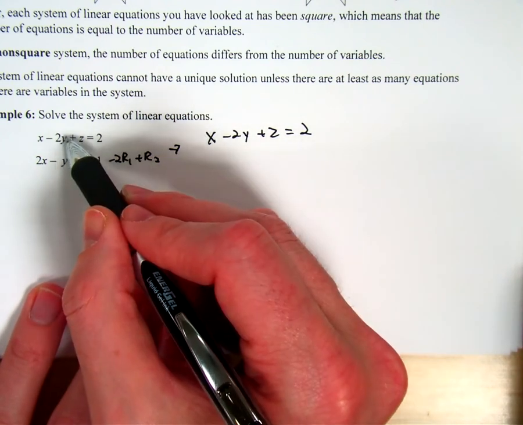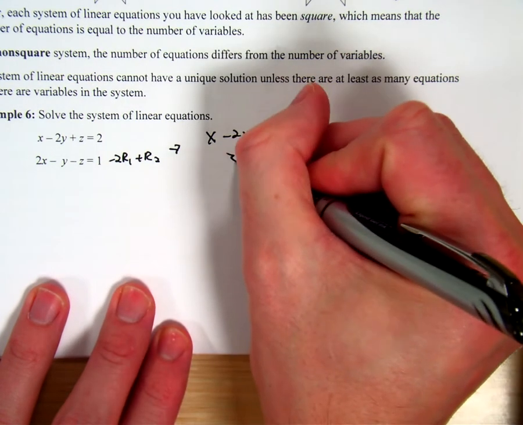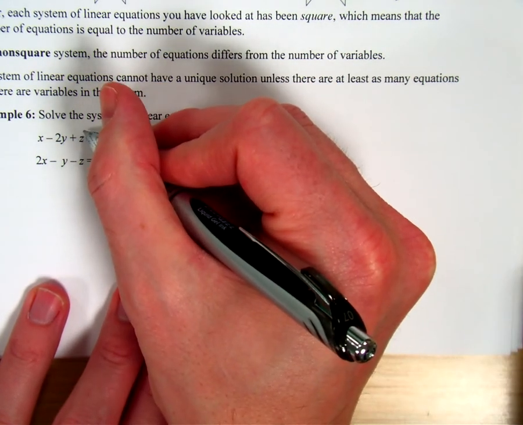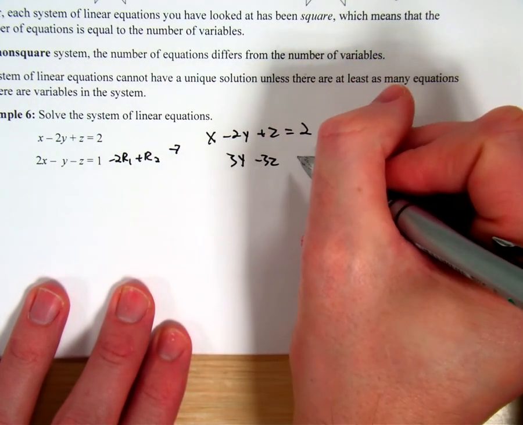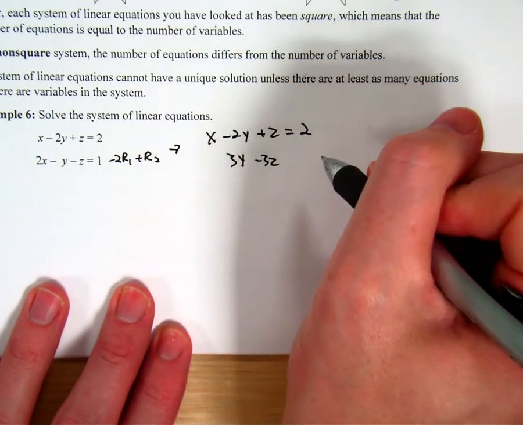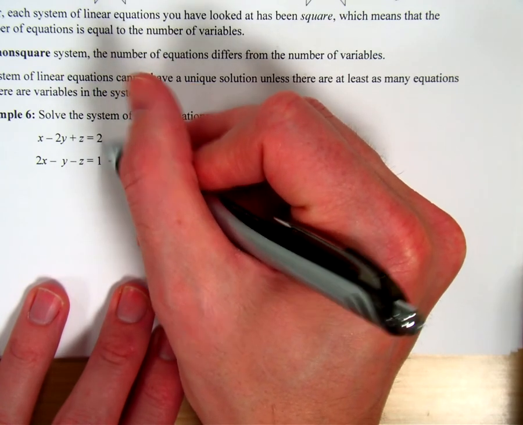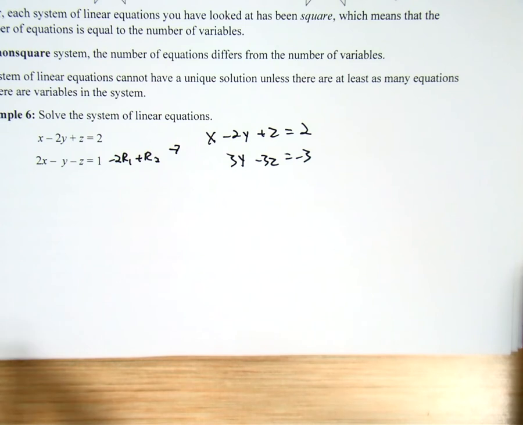Negative 2 times negative 2, we got a positive 4, minus 1, we have a positive 3y. Negative 2 times 1, we got negative 2z, another negative z, we got negative 3z. And don't forget the answer side, negative 2 times 2, we got negative 4, and 1 equals negative 3.